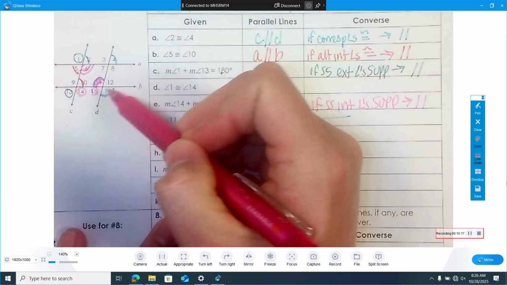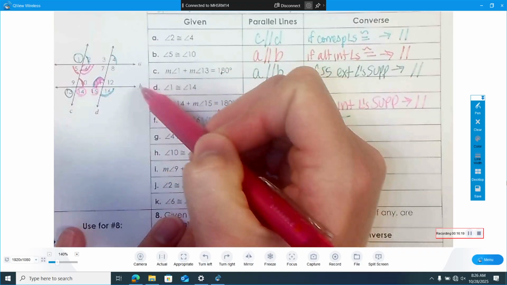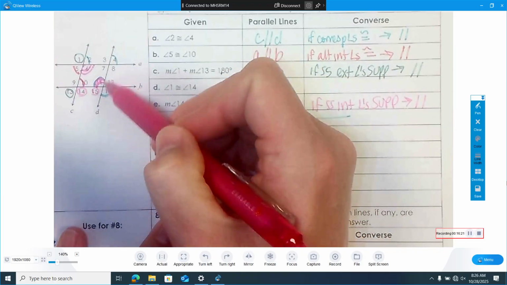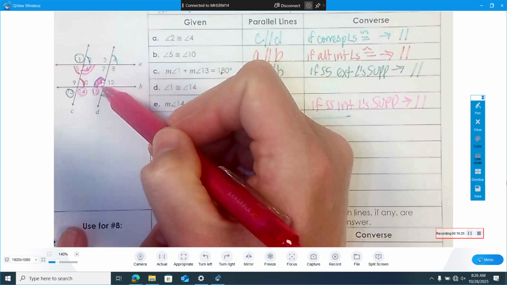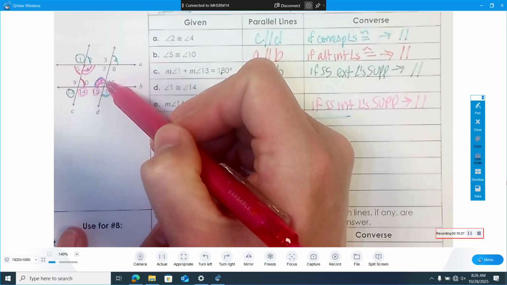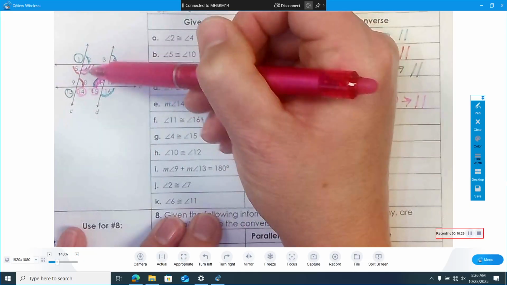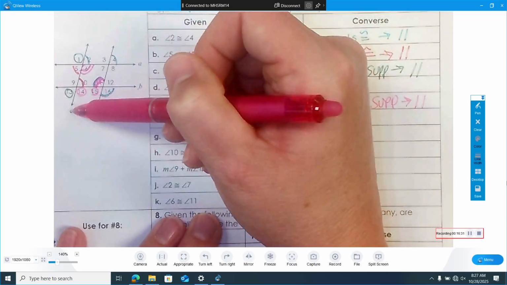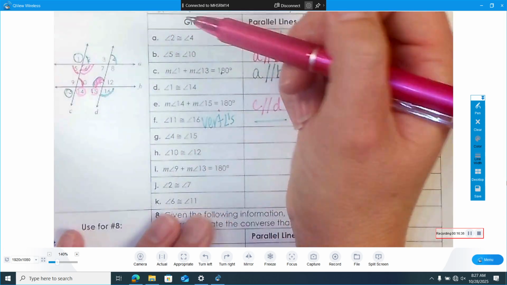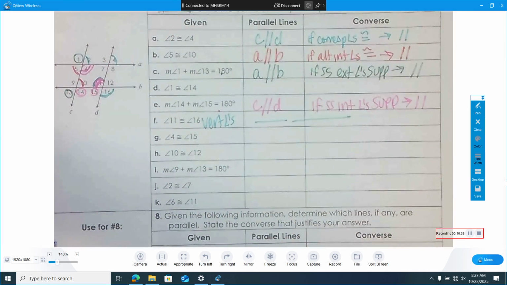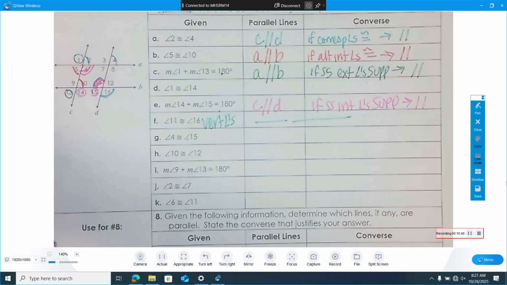So I see, like, angle 11 here has a side from line B and line D. So those two lines, B and D, make up the sides of angle 11, right? But the sides of angle 6 come from C and A. They don't have a transversal touching both of them. Does that make sense to you?